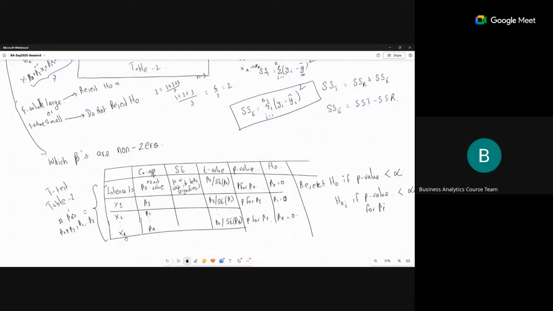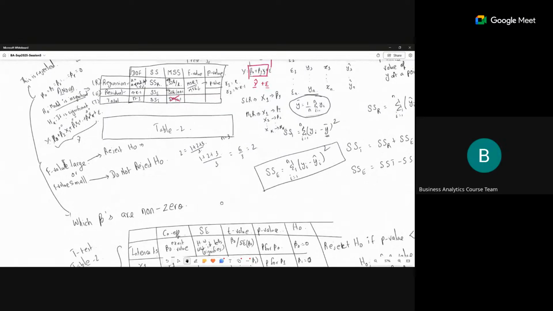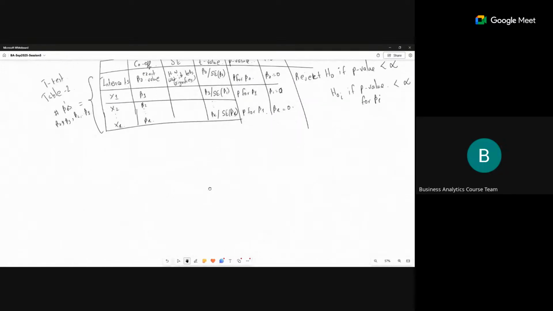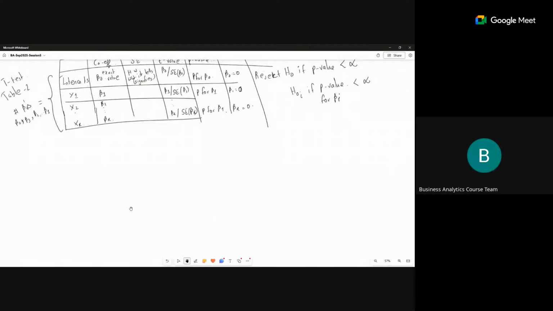Right, so this is table 2. The final point in this topic is regarding something known as R squared. What is R squared?